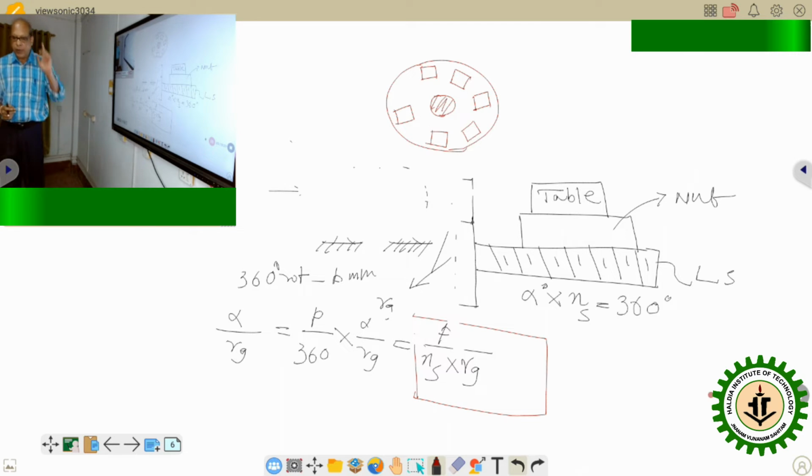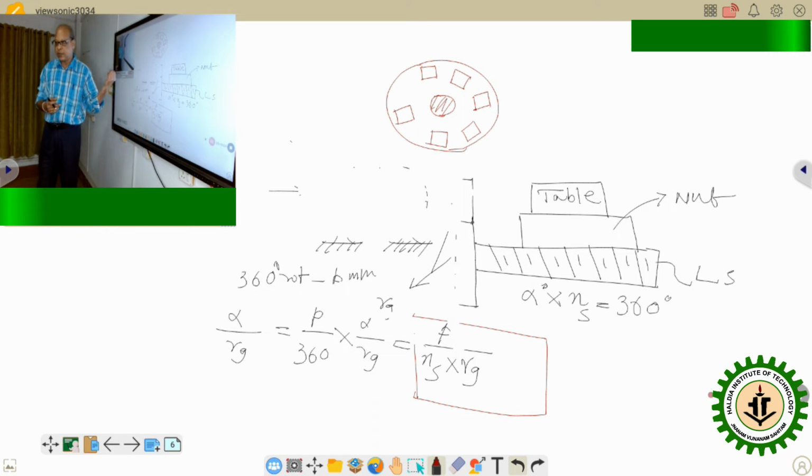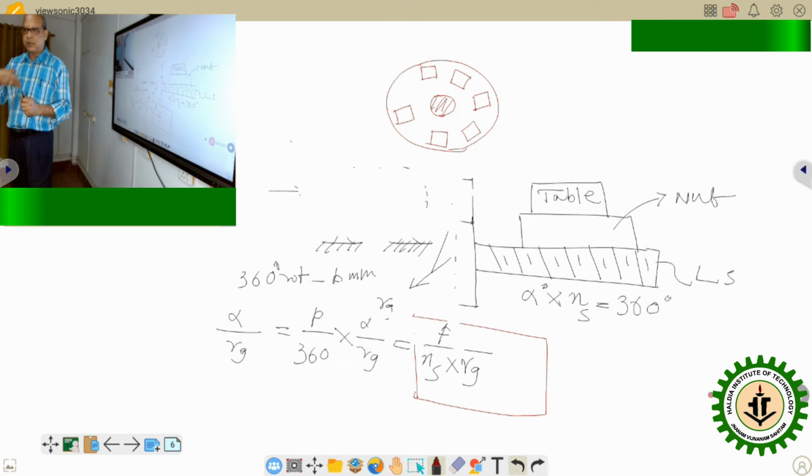So once again, what is the minimum number of pulses that you can count? Only one pulse, because a pulse cannot be subdivided. So what is the displacement that the feedback device can monitor and measure for one pulse emitted by the encoder? So in case of closed loop control system, the resolution is defined from a different perspective.